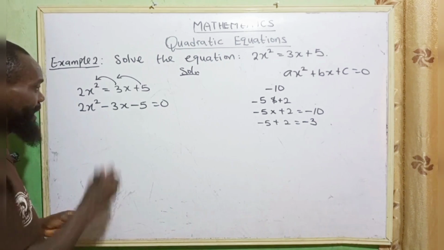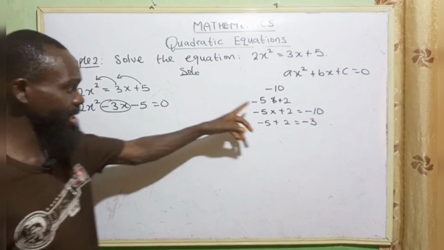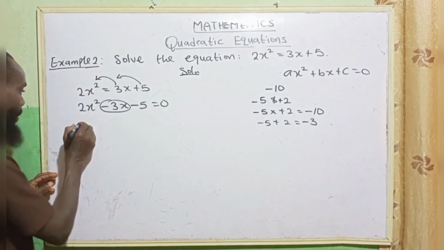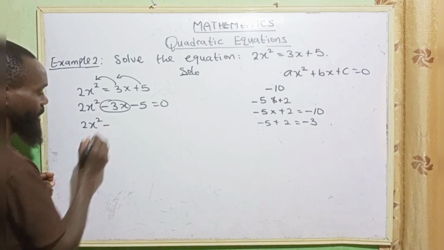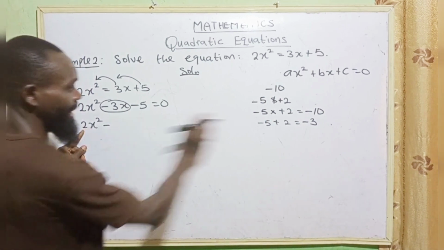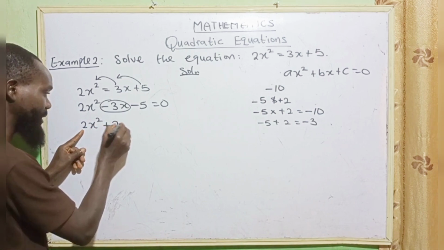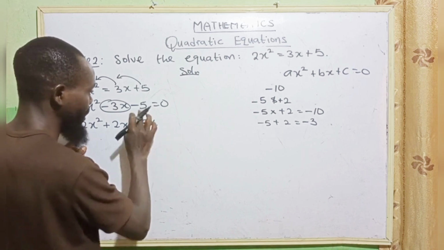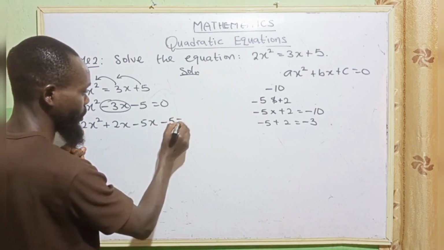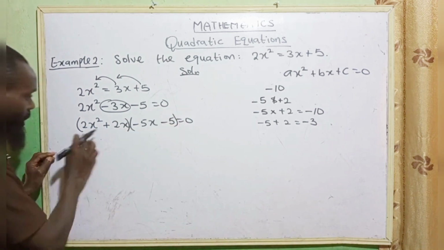So the next thing is to eliminate minus 3x and input minus 5x and plus 2x. I have 2x squared, since this one is 2, let me first of all write this 2, plus 2x, then minus 5x, then the last one minus 5 equals to 0. Open your bracket and close it. So what is common in both?